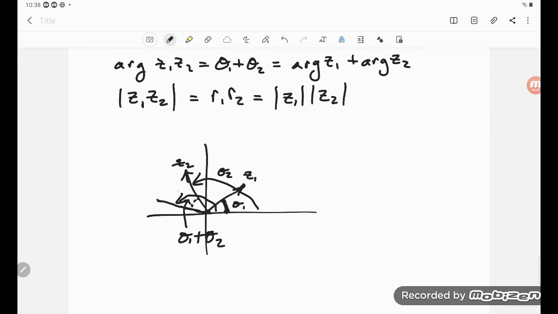And then here's R1 and R2. Where exactly that is, I'm not sure.